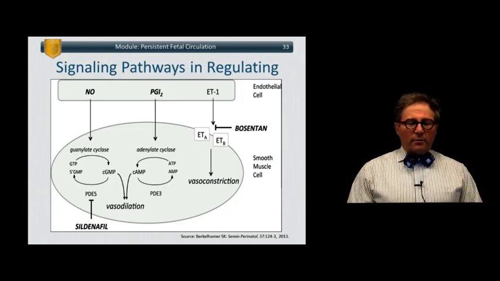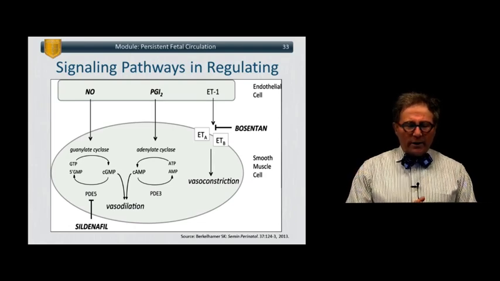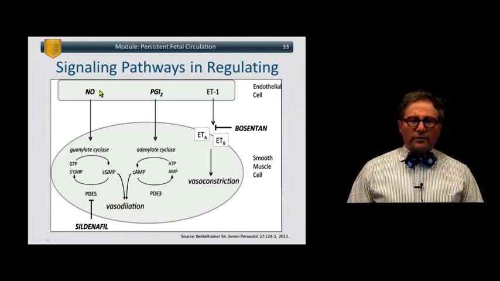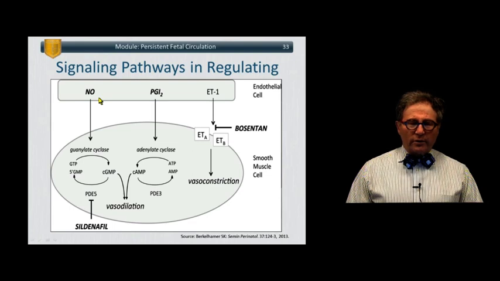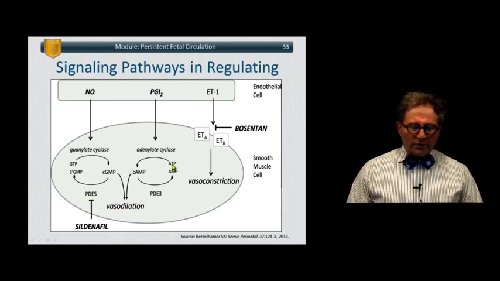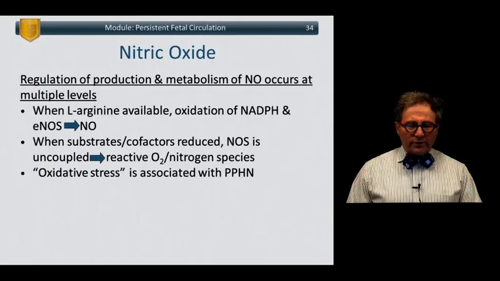The mechanisms regulating the pulmonary vascular resistance are varied, and the three main factors that interact to reduce the pulmonary artery pressures are nitric oxide, prostaglandins, and endothelin, all interacting through secondary messengers to lead to a reduction in pulmonary vascular resistance.